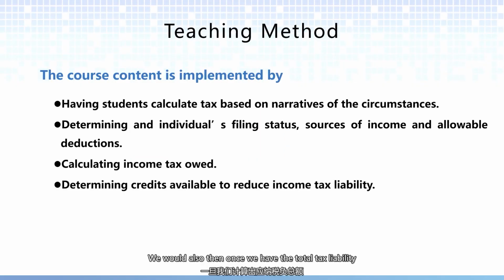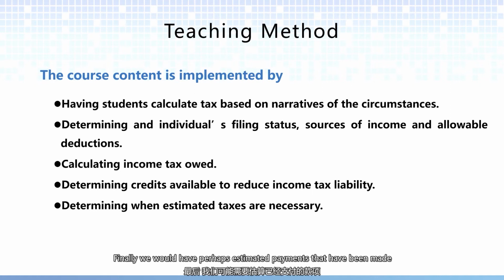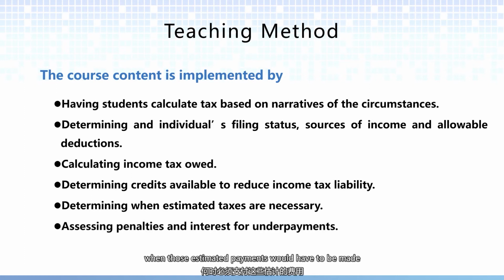Once we have the total tax liability, we reduce the liability using any credits that might be available. And finally, we would have perhaps estimated payments that have been made, and we would also want the students to understand when those estimated payments would have to be made and what happens if you don't make them, such as penalties and interest for underpayments.